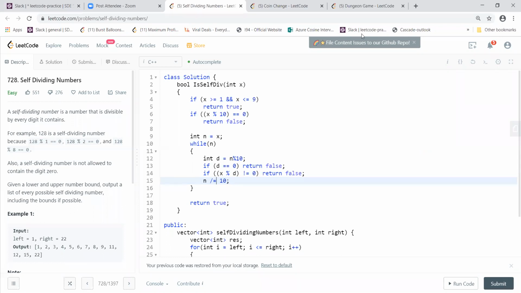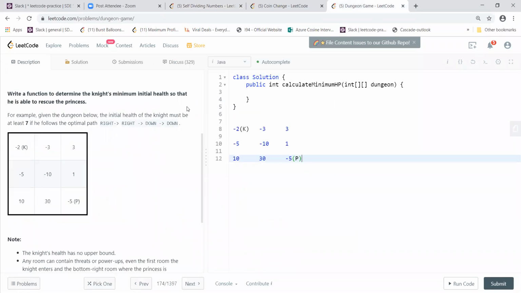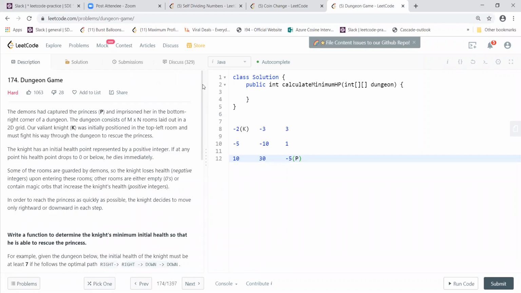Yeah. Okay, so I'll move to the last problem, the dungeon game. Okay, so this is from the hard bucket. Okay, and the problem statement is about a game wherein we have something like a 2D grid matrix, and the top left cell is the place where there is a knight, and at the bottom right there is a princess.